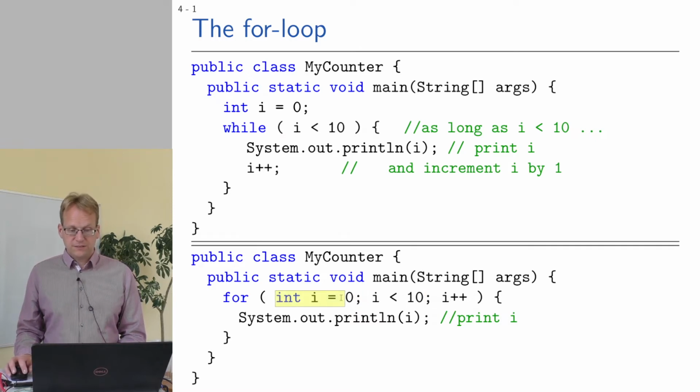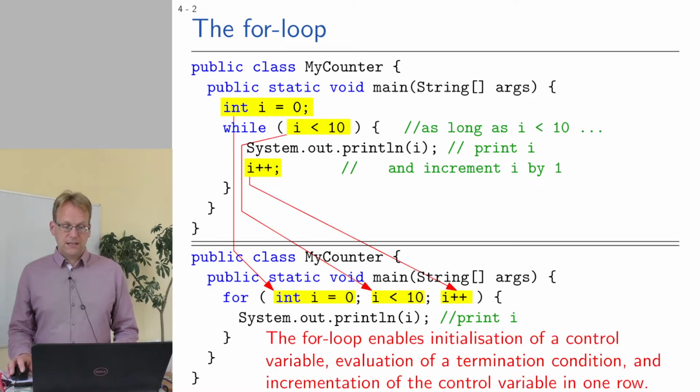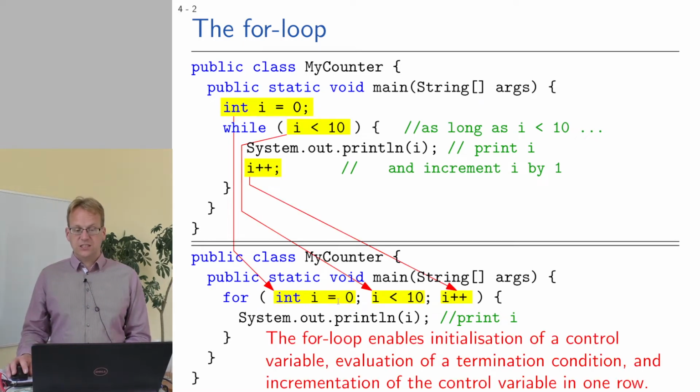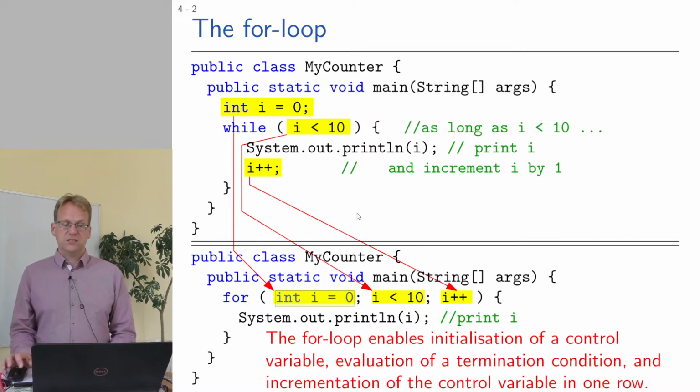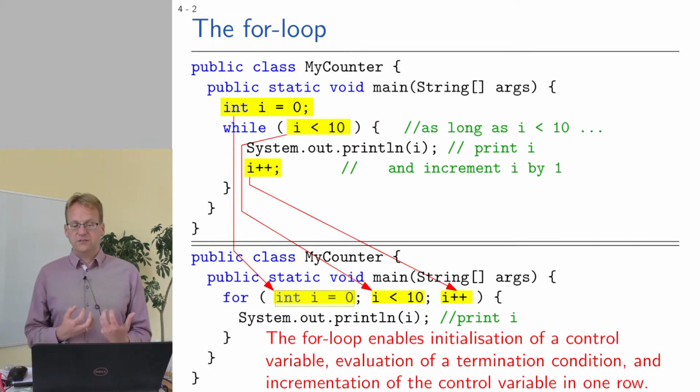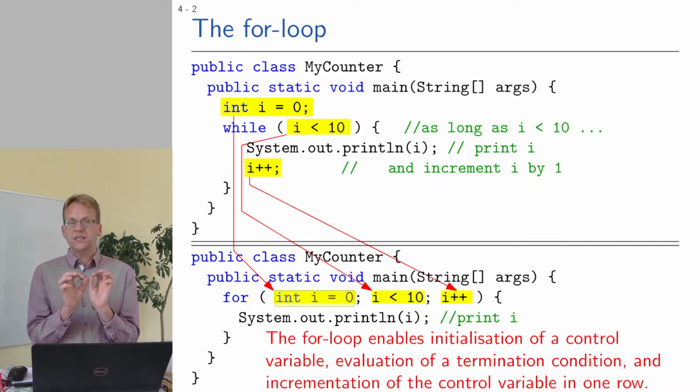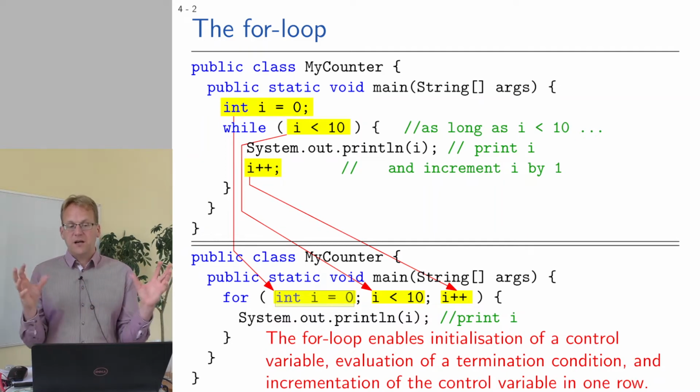So the first expression here, that's just some initialization. So this has basically the same effect as defining here this int I in the while loop example, sorry. Yeah, so this is just the initialization of this variable I. So you can put it in the round brackets of the for loop, thereby you save, so to say, one line of code.